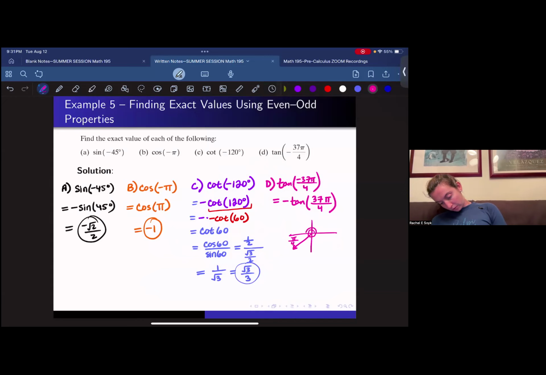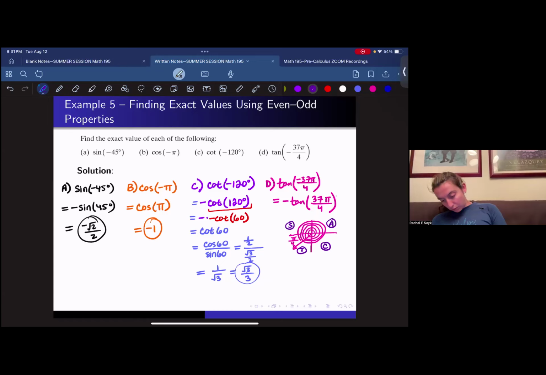And so all students take calculus. Lucky for us, our tangent is positive here.